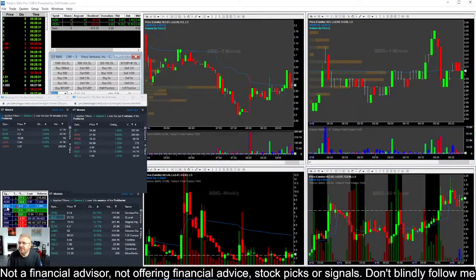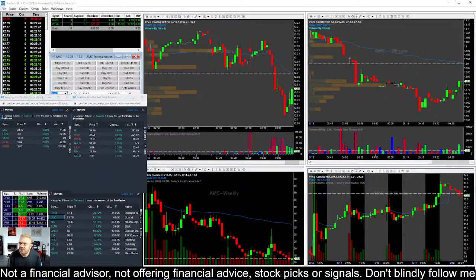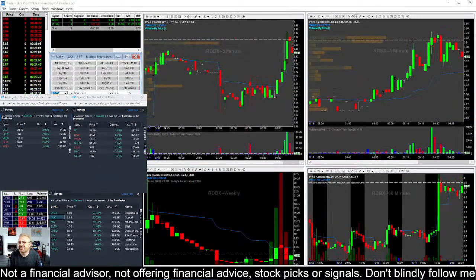BBIG still above $3, just. AMC trying to make its move back up to the green level. Red box, yeah, red box is looking good today. It'll be worth trading if the volume picks up.